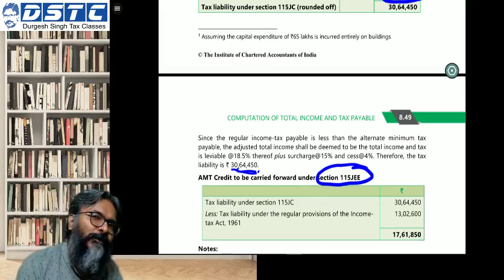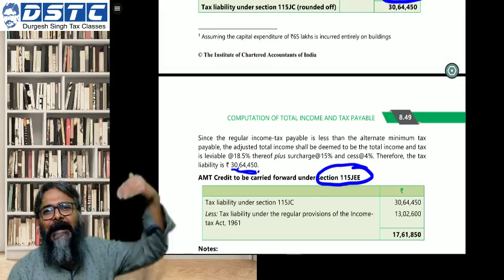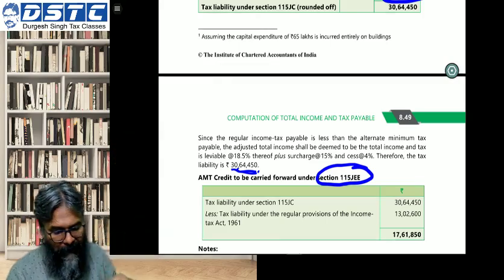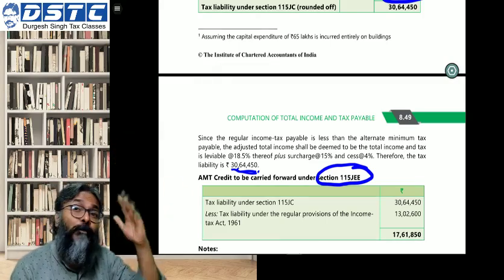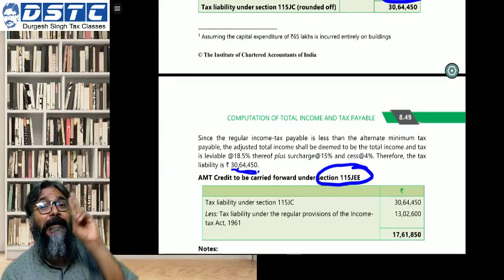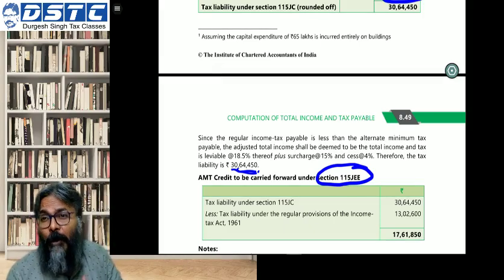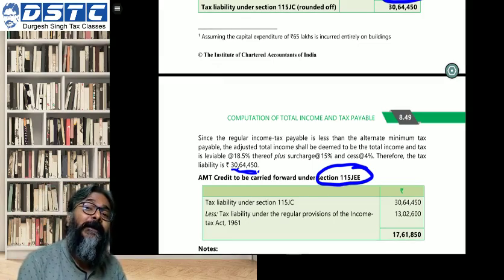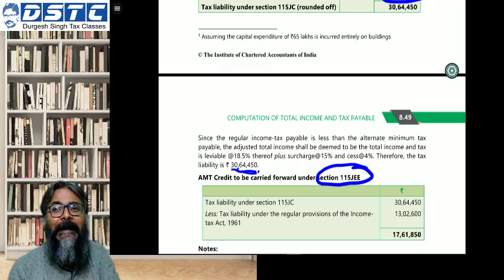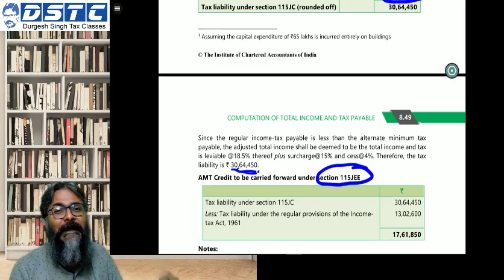Now you will say, sir, what is the use of this AMT credit? So students, AMT credit use would be in any subsequent year up to a period of 15 years. Whenever the assessee will be liable to pay the tax as per the normal provision, in that very year, he will be allowed to adjust the AMT credit against the tax which is determined as per the normal provision.